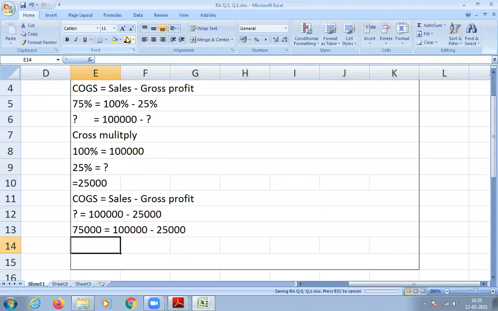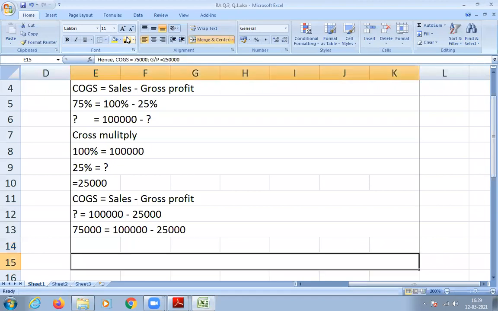75,000. Clear? To understand this working note, any doubt? Is it clear or do you want me to explain again? No, sir. So now I know COGS is 75,000 and GP is 25,000.